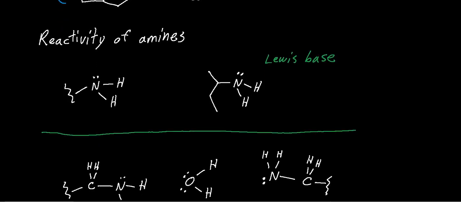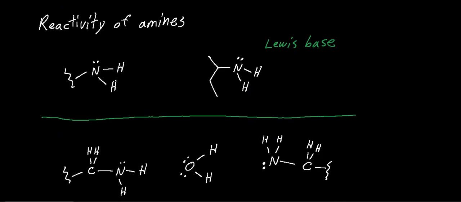Reactivity of amines. Clearly, amines are Lewis bases, and they also have polarized bonds. The nitrogen is more electronegative than these hydrogens, so we'll have a delta minus, delta plus effect, inductive effects there due to electronegativity.